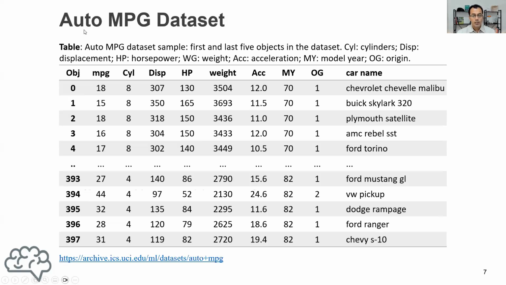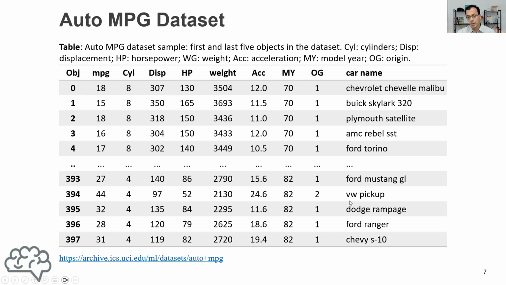The other data set is the AutoMPG data set. This is basically a data set that brings information about different vehicles. In this case, we have 398 vehicles in our data set, and the variables include the miles per gallon, the number of cylinders, the displacement of the car, the number of horsepowers, the weight, the acceleration, the model year, and the origin of the car.